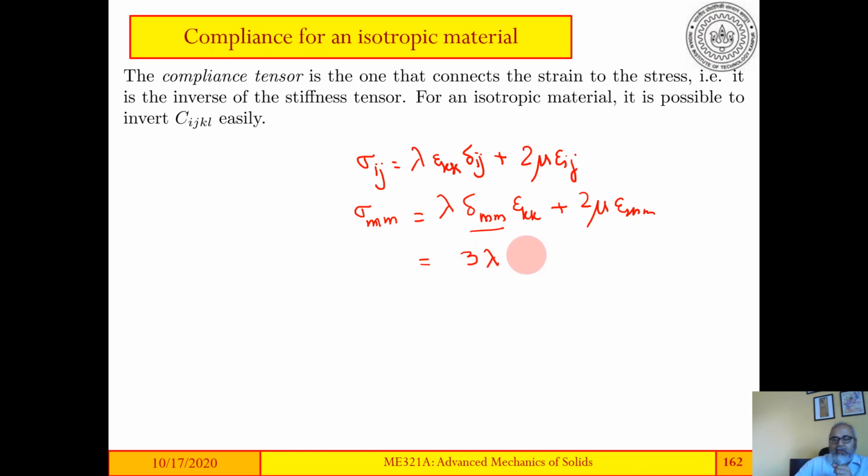So this is 3 lambda, and epsilon kk and epsilon mm are actually the same. They are the sums of epsilon 11, 22, 33. So I have 3 lambda plus 2 mu epsilon kk. So I have sigma kk and epsilon kk related by 3 lambda plus 2 mu.